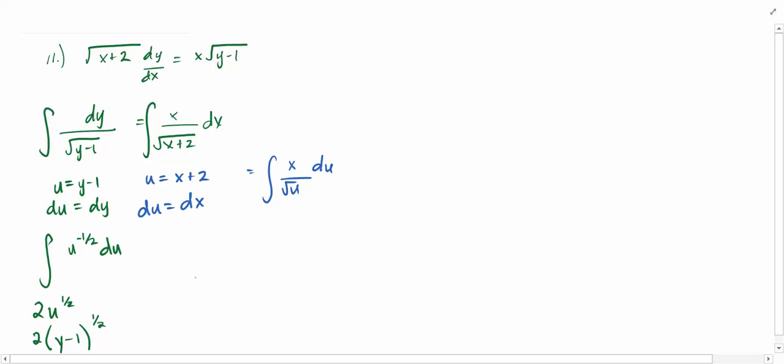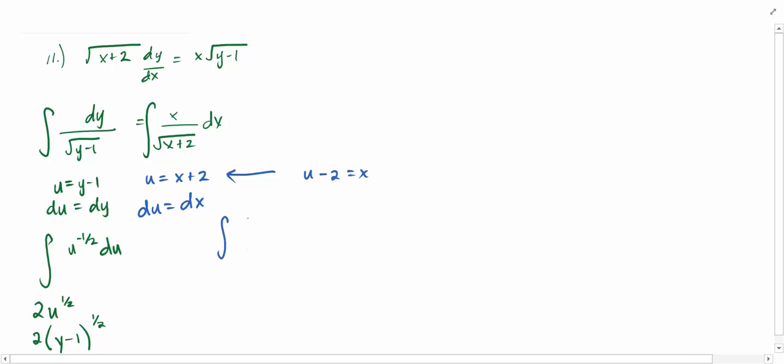So now what we need to do is get rid of this x and rewrite it in terms of u. Now the best way to do that is to take this first equation here and just move that 2 to the other side. So really also u minus 2 is equal to x. That's a true statement based on the variables that we've set up.